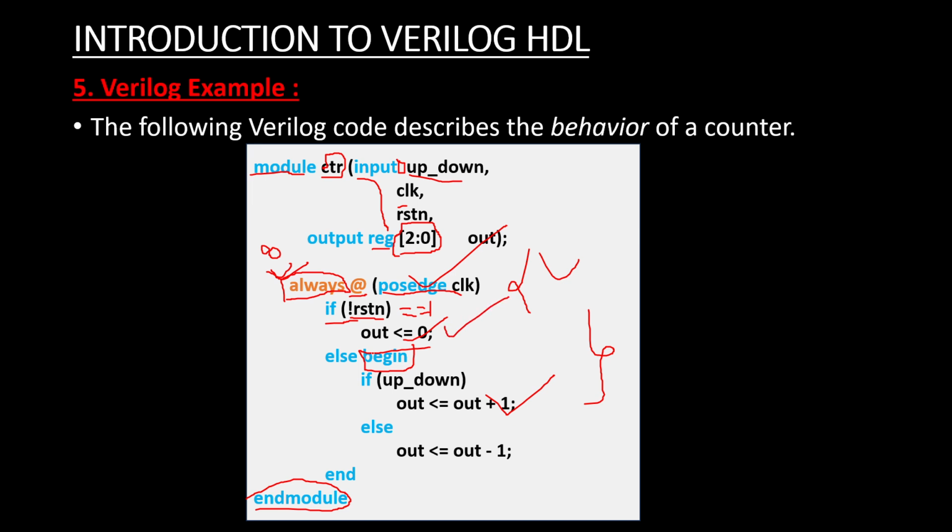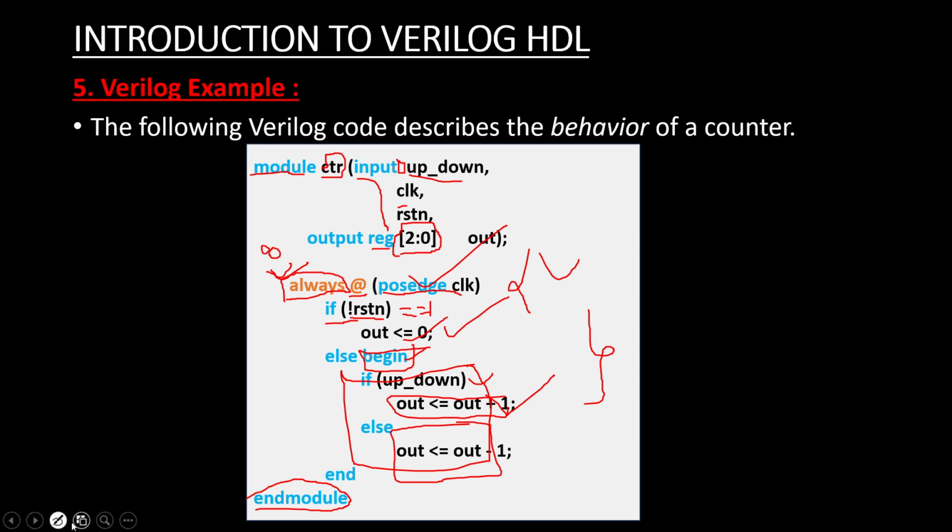When there is an else block, we have so many statements, right? We have another if and else block, right? So we have to use the begin and end. Again, inside the if and else, we have only single statements in both the if and else blocks, right? So I haven't used any begin and end. There is no requirement for using begin and end when there is only one statement.